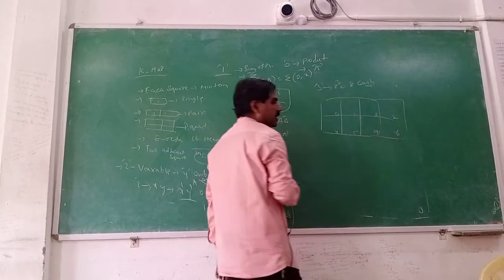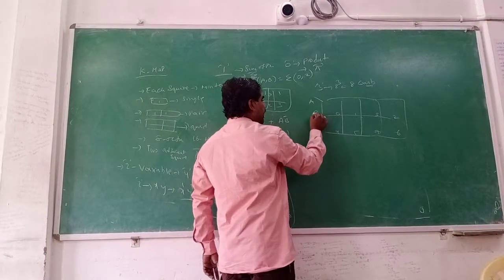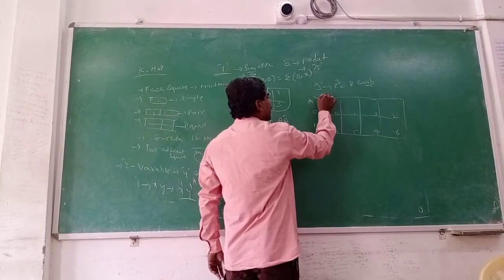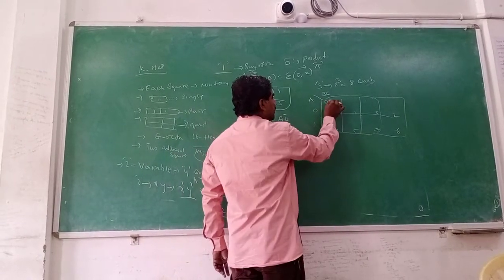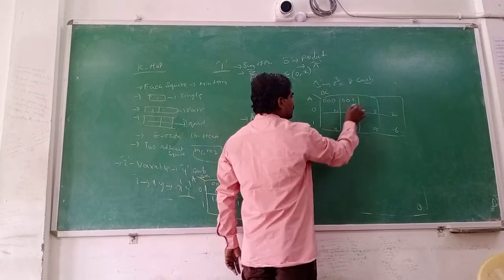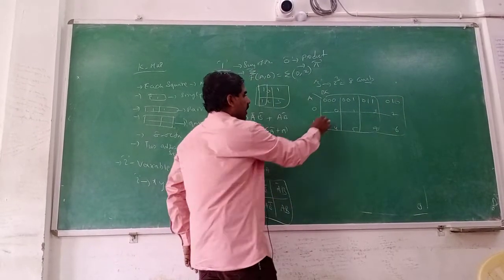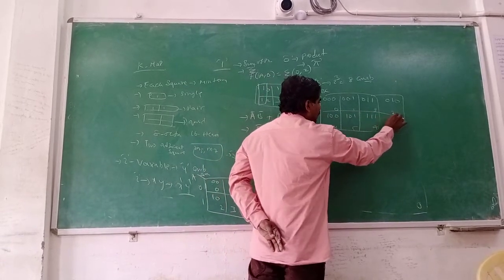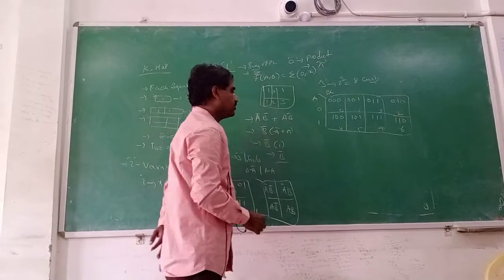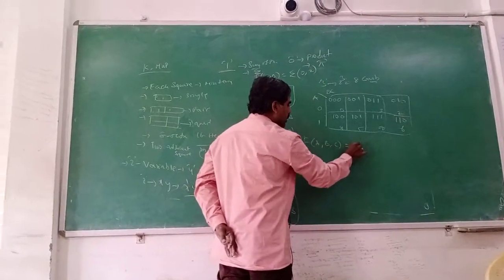Again we take A as 0 here, 1 here, and in this we take BC combinations: 0 0 0, 0 0 1, 0 1 1, 0 1 0. 4 means 100, 5 means 101, 7 means 111, 6 means 110. F of ABC is equal to sigma 4, 5, 7, 6.